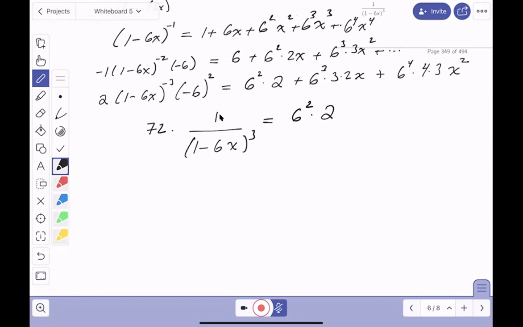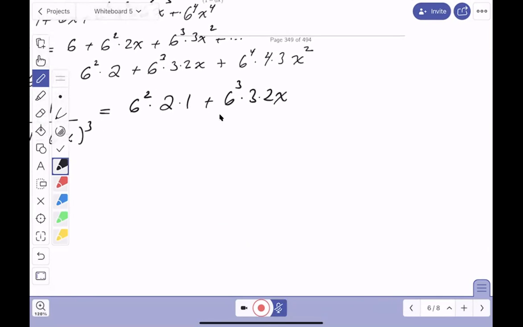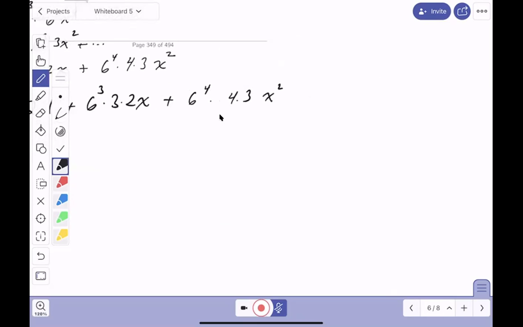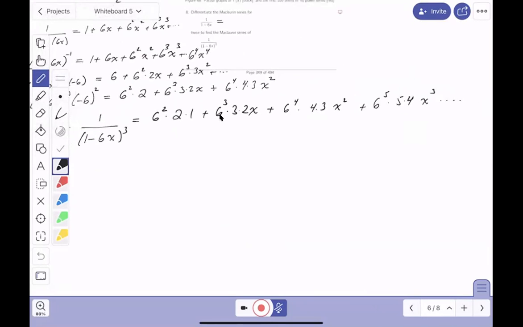You can write that as 2 times 1 now, plus 6 cubed, 3 times 2x, plus 6, 4 times 4 times 3x squared. I could do this all day long, I think. 6, 5 times 4x cubed, yada, yada, yada. I think I got that pattern down.